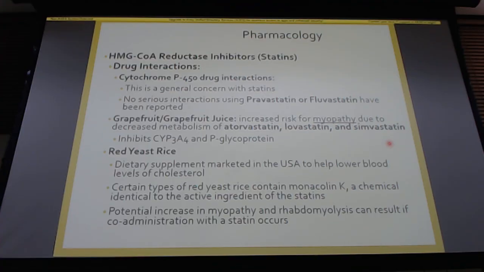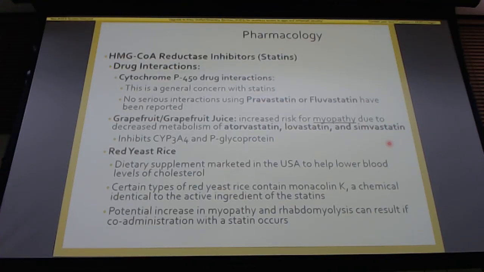Looking at my drug interactions, there are several drug interactions that can happen. We also worry about food sometimes as well, especially if somebody loves a lot of grapefruit. So if people eat a lot of grapefruit, drink a lot of grapefruit juice, you can see where they have that increased risk of myopathy.